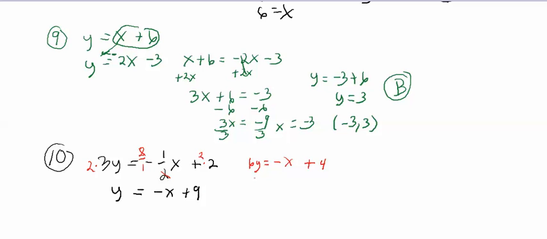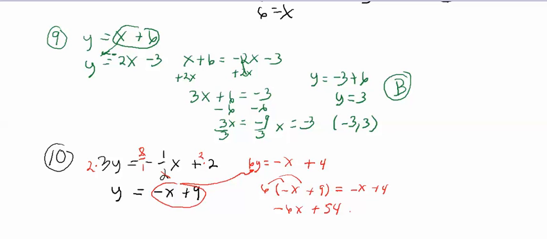Okay, now I'm going to go ahead and take this equation and plug it in for this y. So I have 6 times negative x plus 9 is equal to negative x plus 4. Do my distributive property, negative 6x plus 54, negative x plus 4.